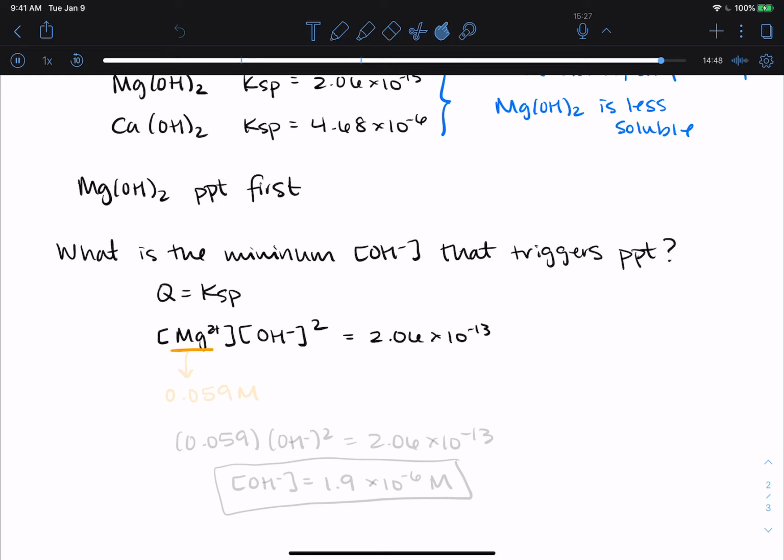This Mg2 plus, this is what was given at the beginning of the problem. So my solution is 0.059 molar magnesium 2 plus. So with that, OH minus squared equals 2.06 times 10 to the minus 13. I can solve for the OH minus concentration, and the precipitation will begin when this concentration is equal to 1.9 times 10 to the minus 6th molar.